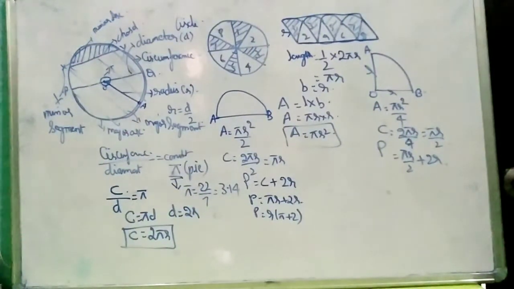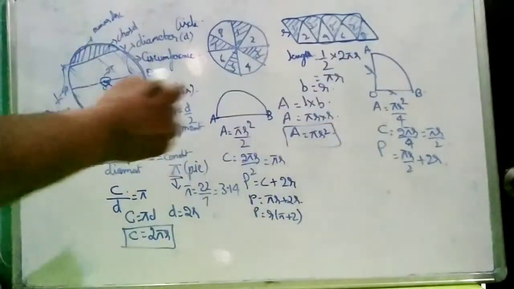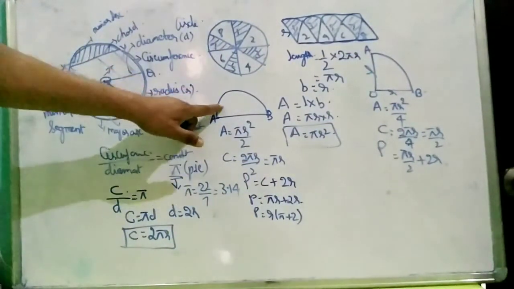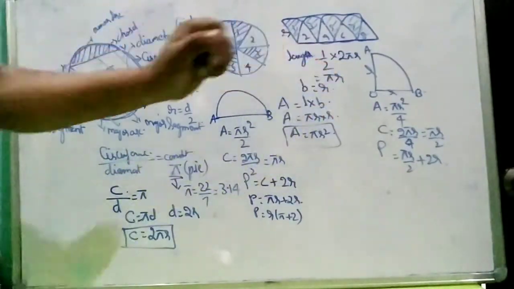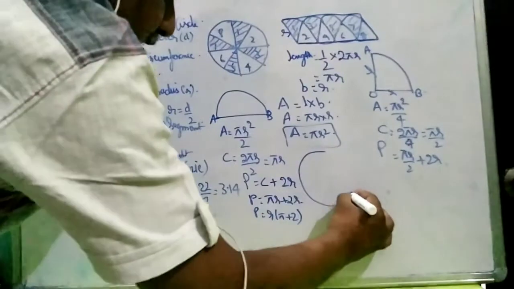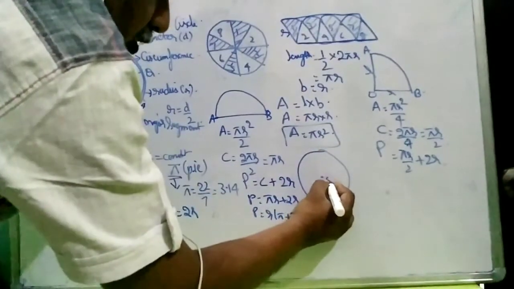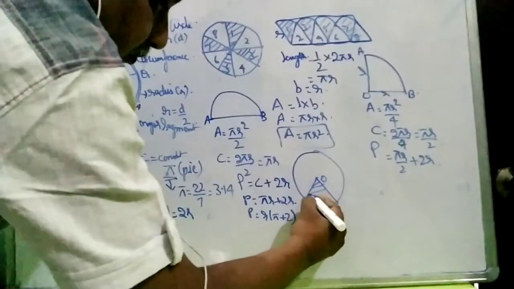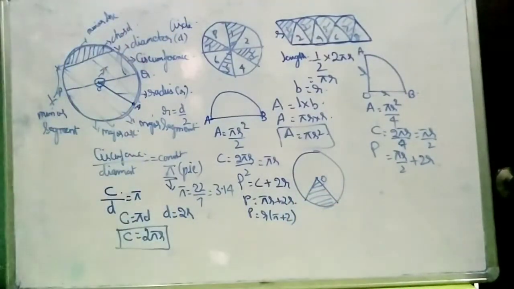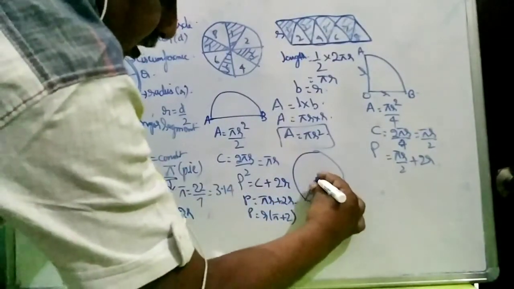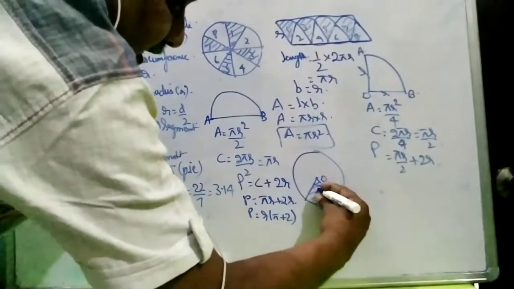Now, from where are we getting this? This angle is 180 degrees, this angle is 90 degrees, so it means that not only for a semicircle and not only for a quarter circle, we can find out the area of any sector. Any sector means, suppose this is center O, this is any sector with an angle theta.